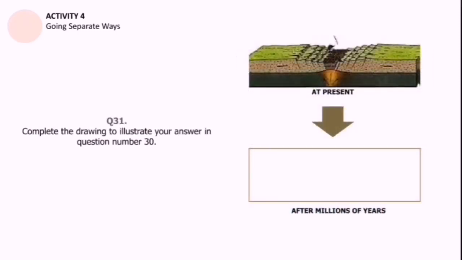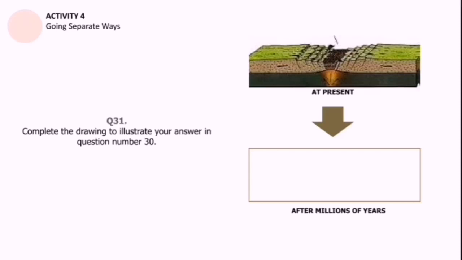Question number 31 naman, I would like you to draw. Okay, so complete the drawing to illustrate your answer in question number 30. So assuming that we have that kind of photo in the upper photo at present, okay? Assuming that is the status of the Earth's crust as described in the photos.